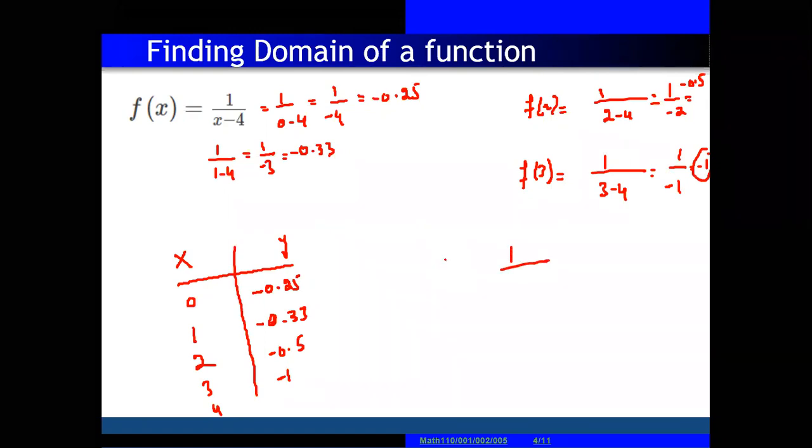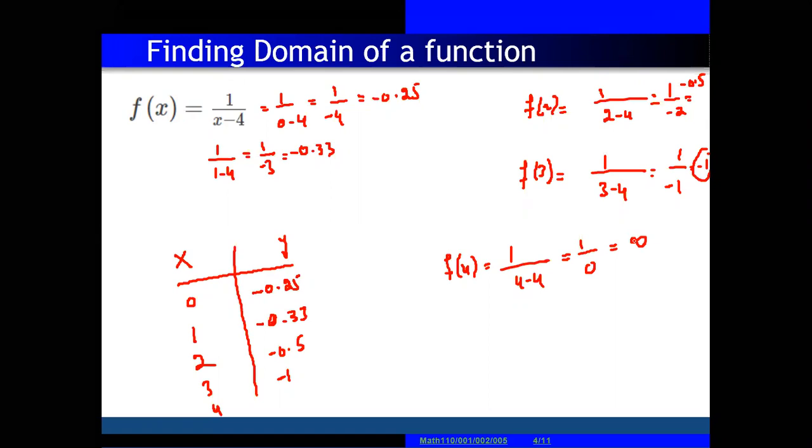f of 4 is equal to 1 over 4 minus 4. 4 minus 4 equal to 0, and 1 over 0 is infinity. Infinity means an undefined quantity. Undefined means we don't know if this number is positive, negative, or 0.